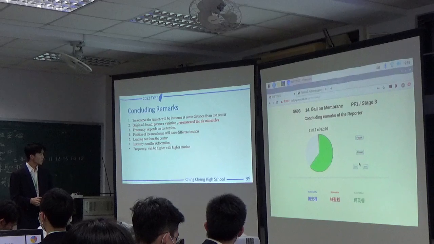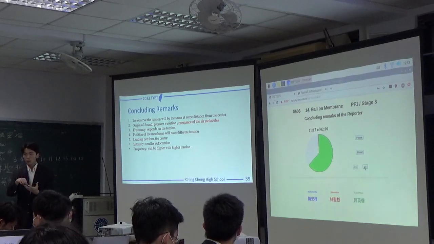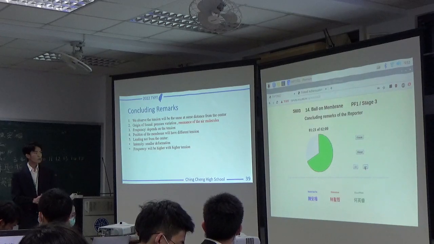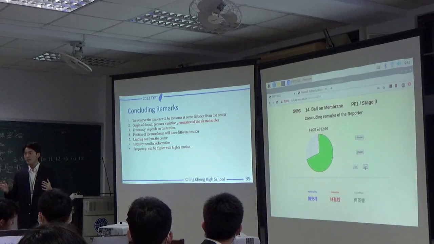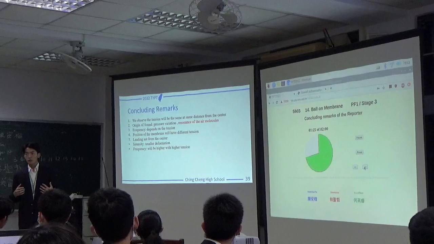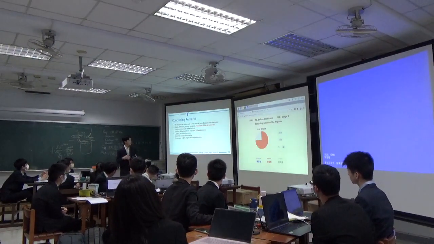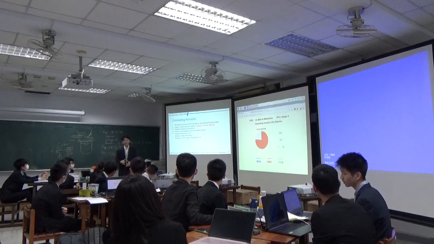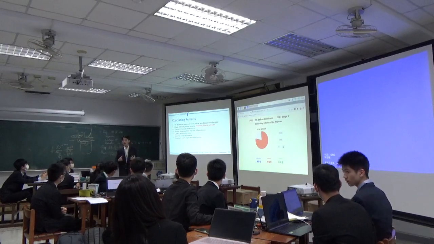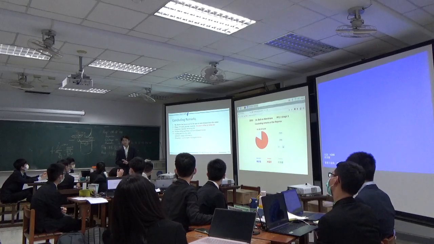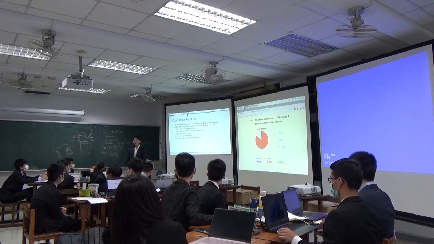And for the frequency, by not dropping in the center, the reporter thinks it will cause different vibration modes on the membrane, but because we did not consider this in our experiment, we could just assume that it has a higher tension, so it will have a higher frequency of the sound. So this is the end of my report, and through the discussion we know more about this problem, and thank you.